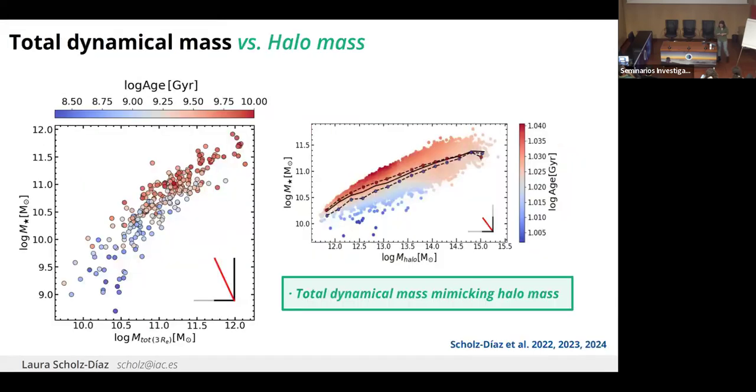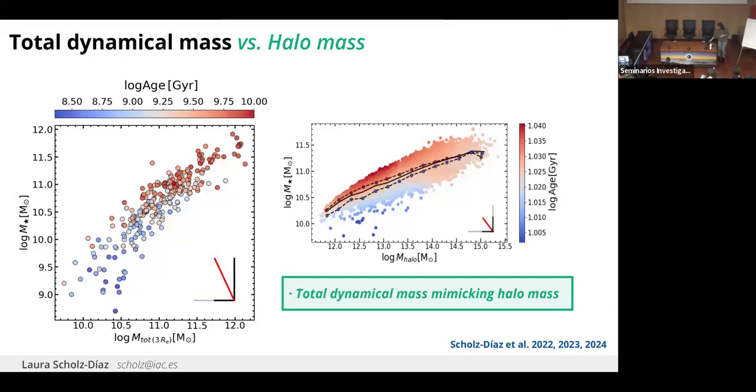Okay. Another thing that we found is that if you remember what I showed you for SDSS, this is now what we found for CALIFA. These are two different relations. This is the stellar to total dynamical mass relation, and this is the stellar to halo mass relation. And we are finding a very similar behavior of galaxy ages and metallicities in both planes.